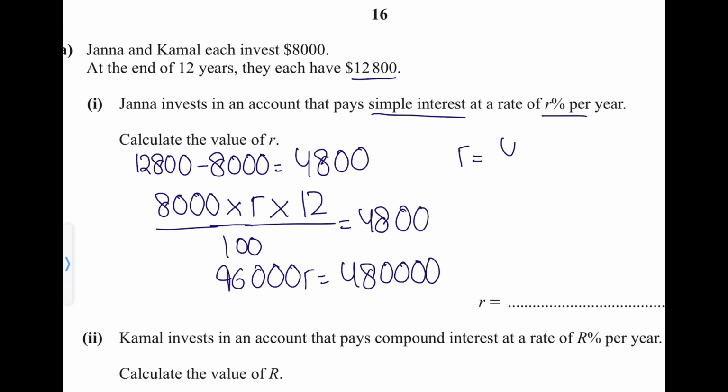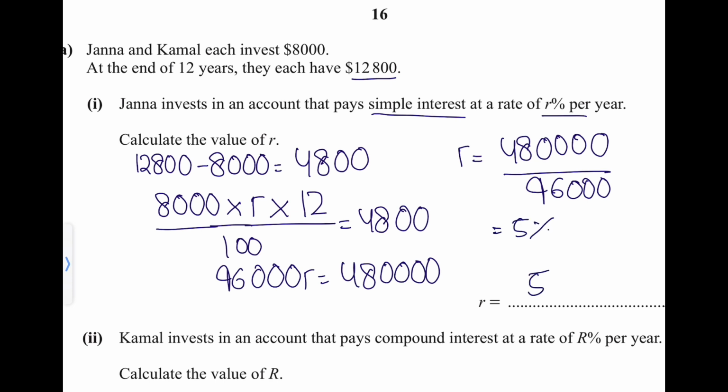So R would then be 48,000 divided by 96,000. So once you solve that, it gives you 5%. So that gives you a 5% rate.